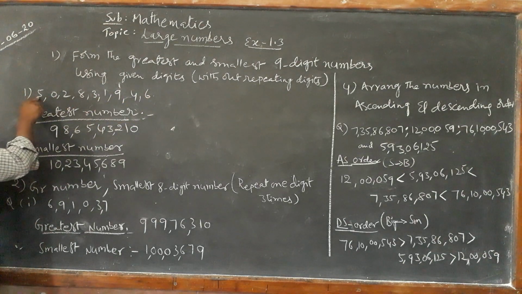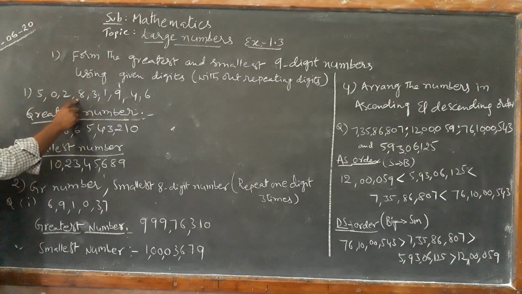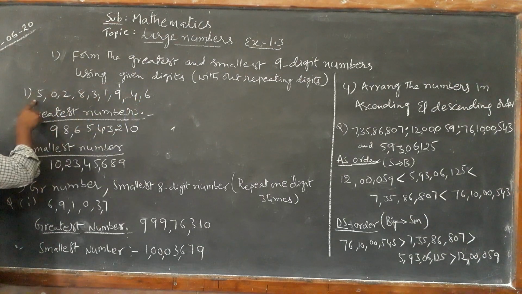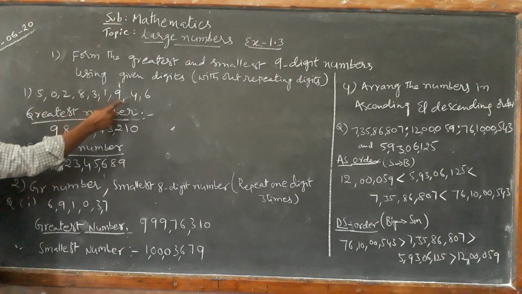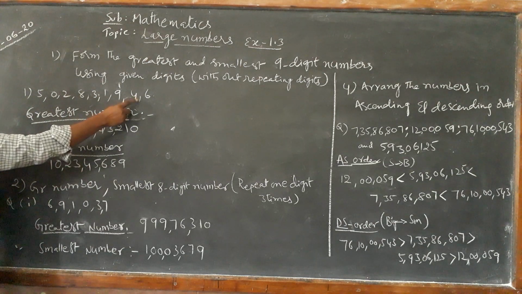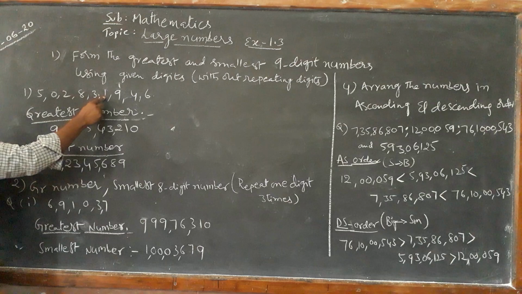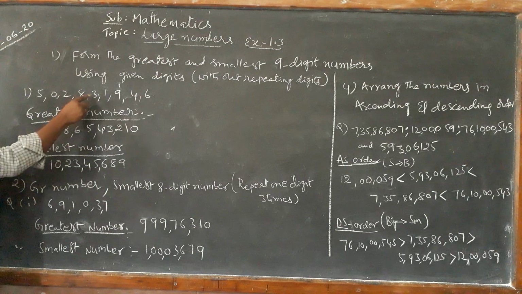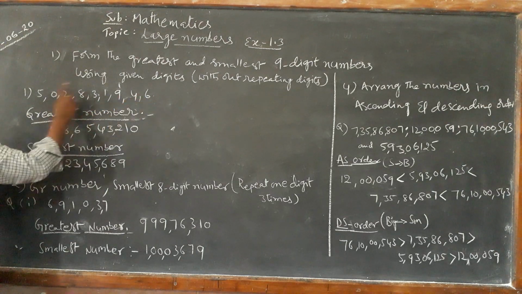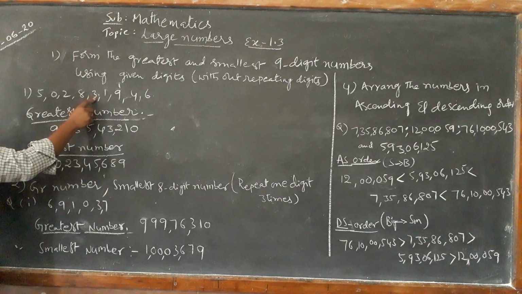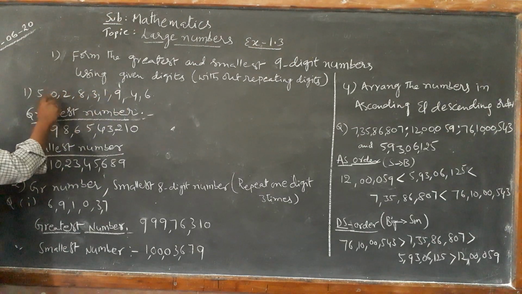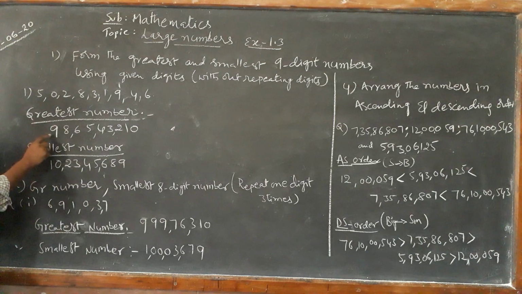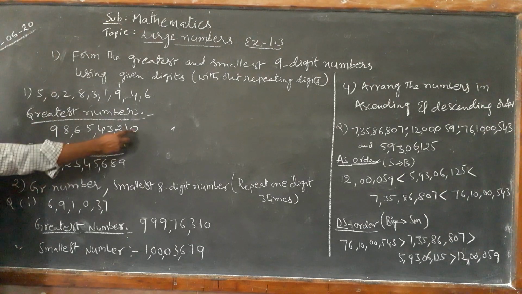Next to 6 the greatest digit is 5. In such a way 9, 8, 6, 5. Next after 5, the next greatest is 4. Next one is 3, then 2, 1, and last 0. See, 9, 8, 6, 5, 4, 3, 2, 1, 0. 0 is the least. So the greatest digit should be written leftmost and the smallest digit rightmost.